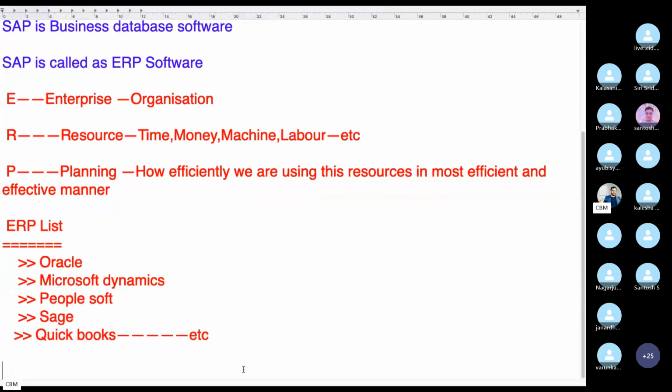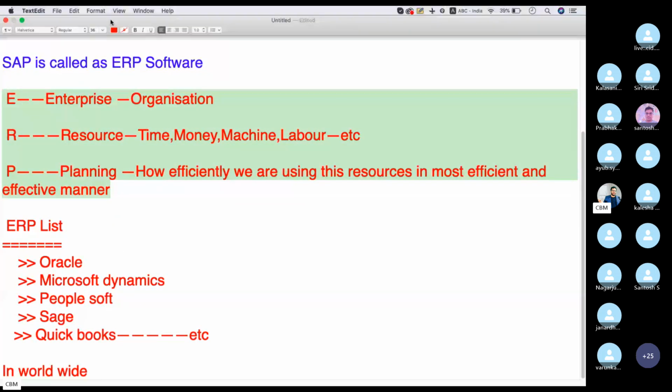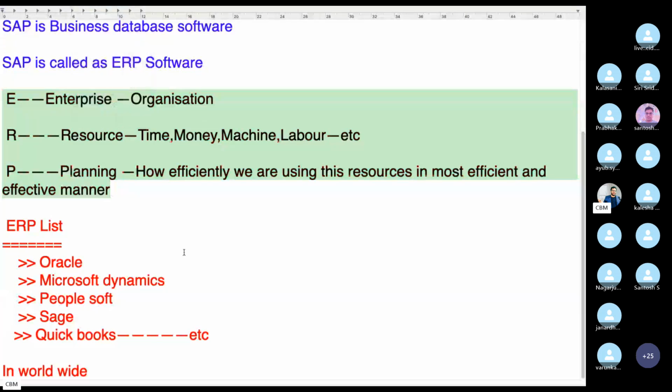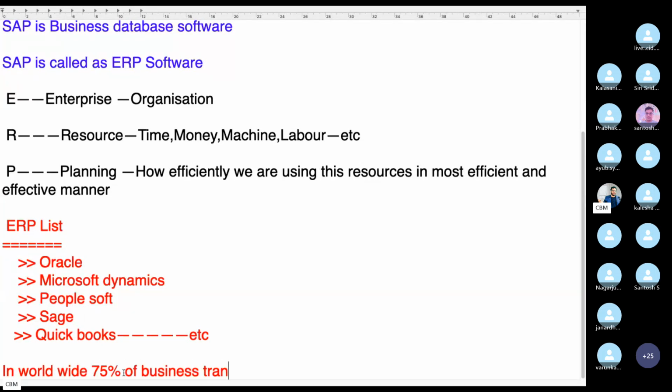Worldwide, 75% of business transactions are happening through SAP only.